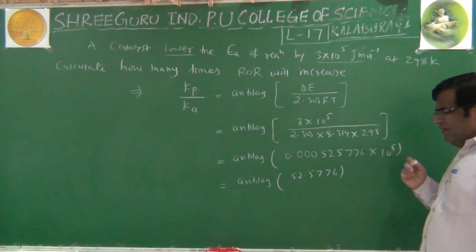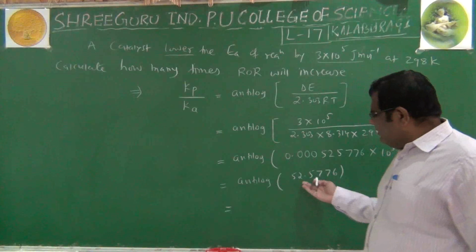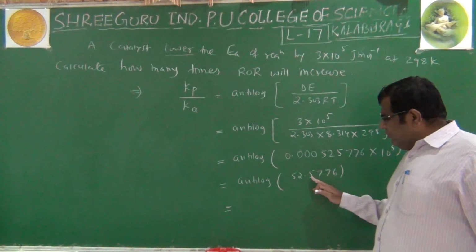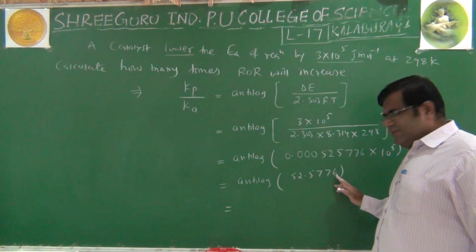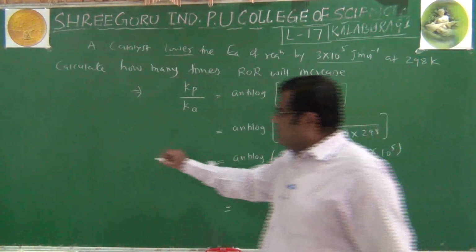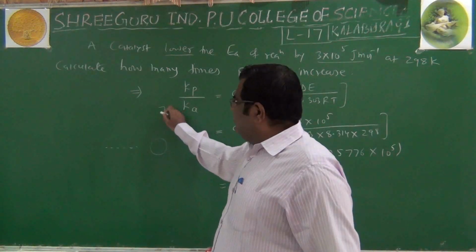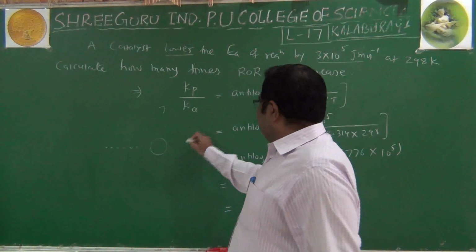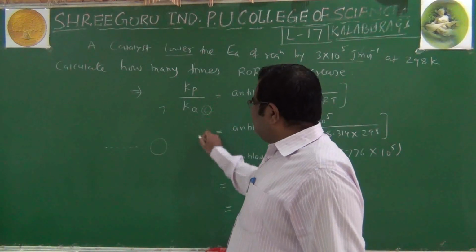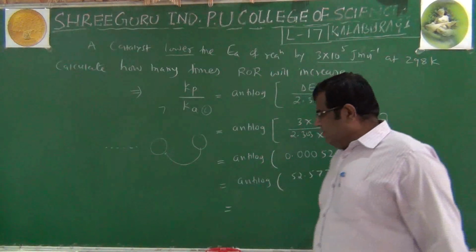This is by multiplying by 10 raised to 5. Now we can see this antilog in the antilog table, 0.5776. 0.57 will be there in the same column. You have to see what is written below the 7, and in the mean difference column what is written for 6, and you have to add this number into it.